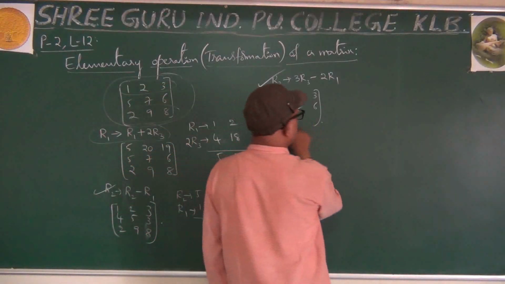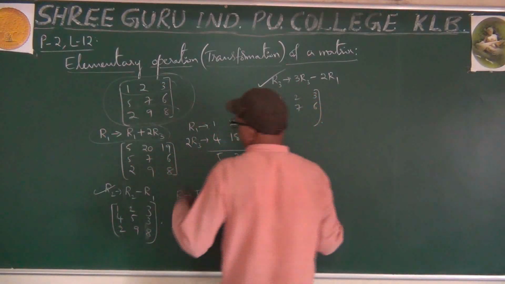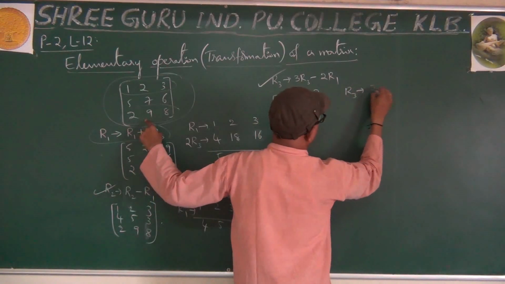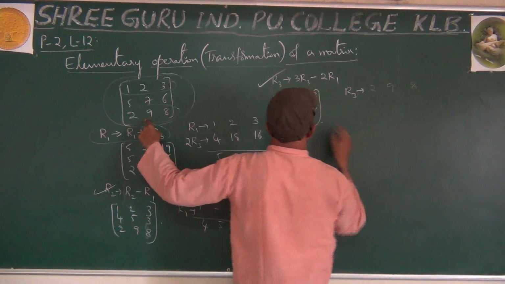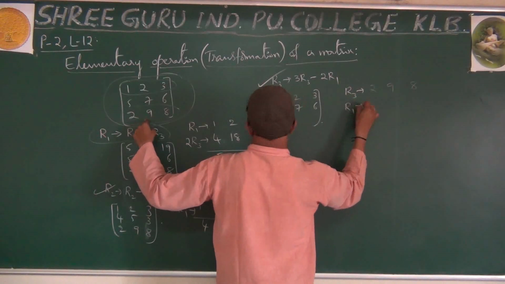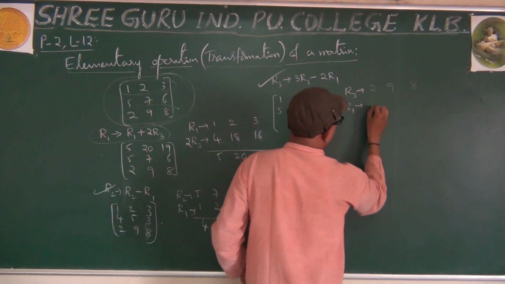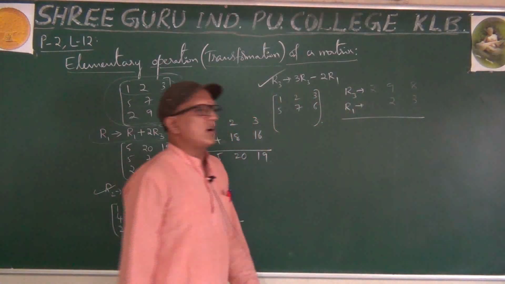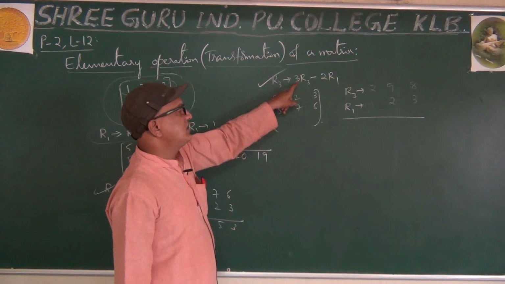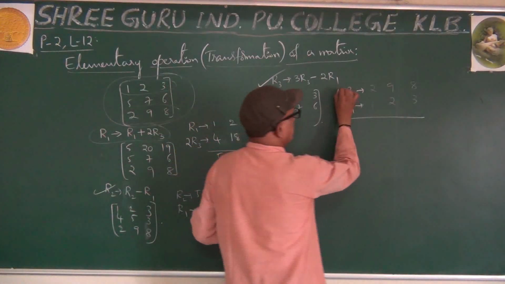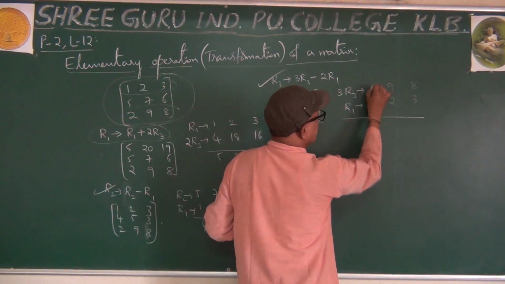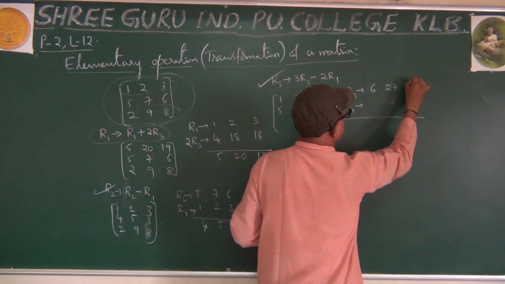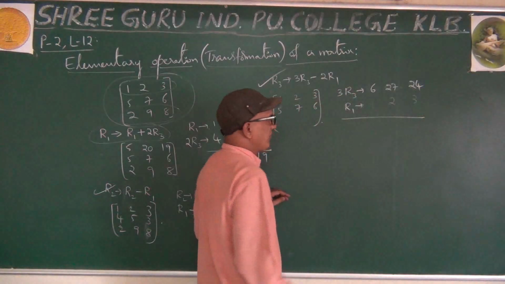So we are changing R3. What is R3? 2, 9, 8. R1: what is R1? 1, 2, 3. We don't want R3, we want 3 R3: 3 2s are 6, 3 9s are 27, 3 8s are 24.